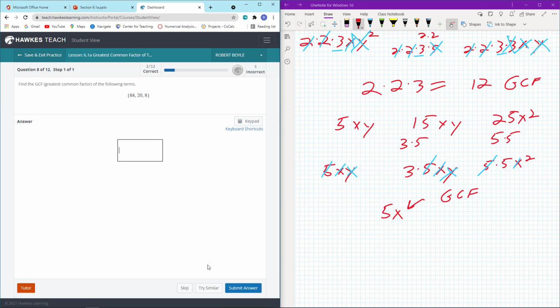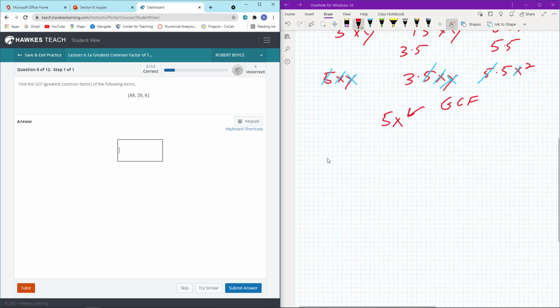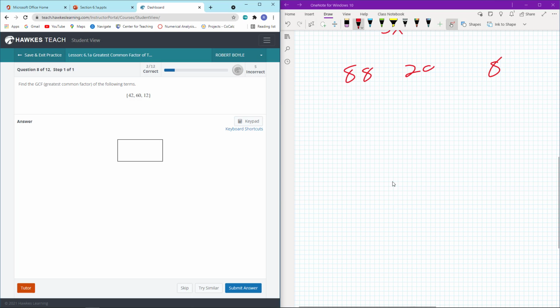And then lastly, we are going to do this problem, 42, 60, and 12. First step is to find our prime factorizations. The factors of 42 are 6 times 7.